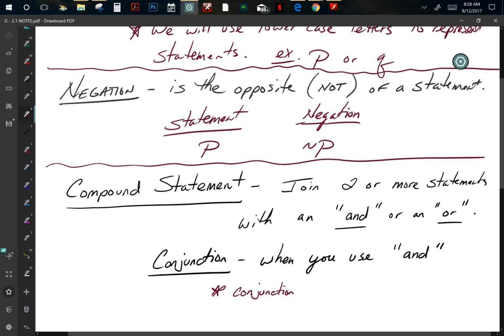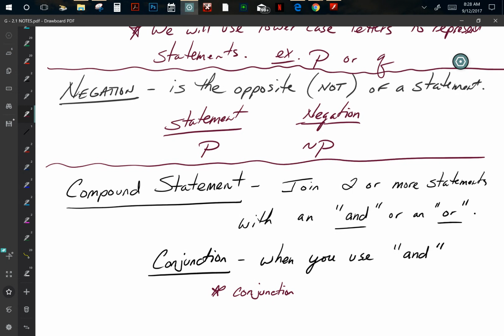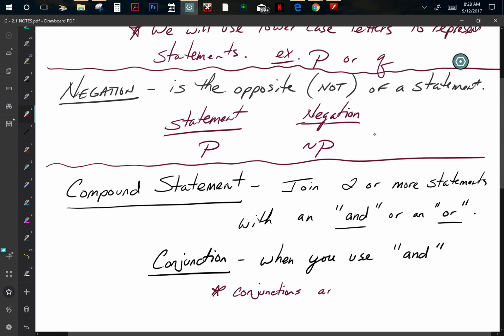Conjunction is just and. Conjunctions are only true when both statements are true.